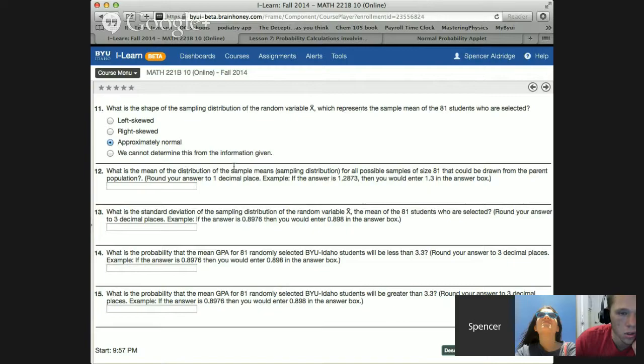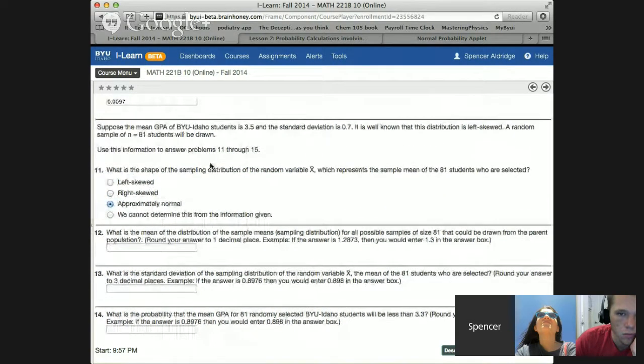What is the mean of the distribution of the sample means? Oh, that's true, right? Because the sample mean should be the same mean as the parent, so that would be 3.5. Yeah, I agree with Sarah. It says the parent population is normally distributed, so the sample mean is automatically normally distributed. I don't know if that has anything to do with it. It says that in the book.